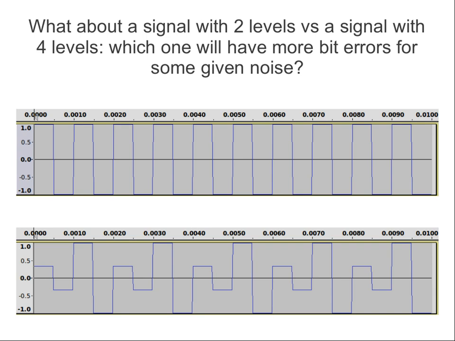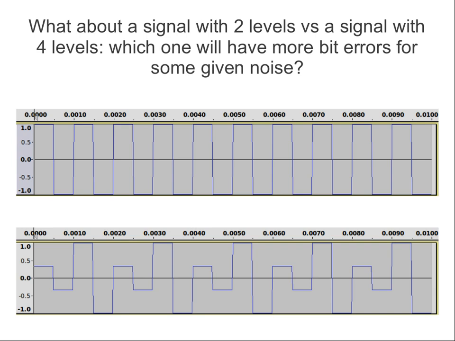Therefore, we would need to send 8 bits per signal element. That is, if here's one signal element, this must represent 8 bits, and another 8 bits, and so on. Or we can also say 8 bits per level.